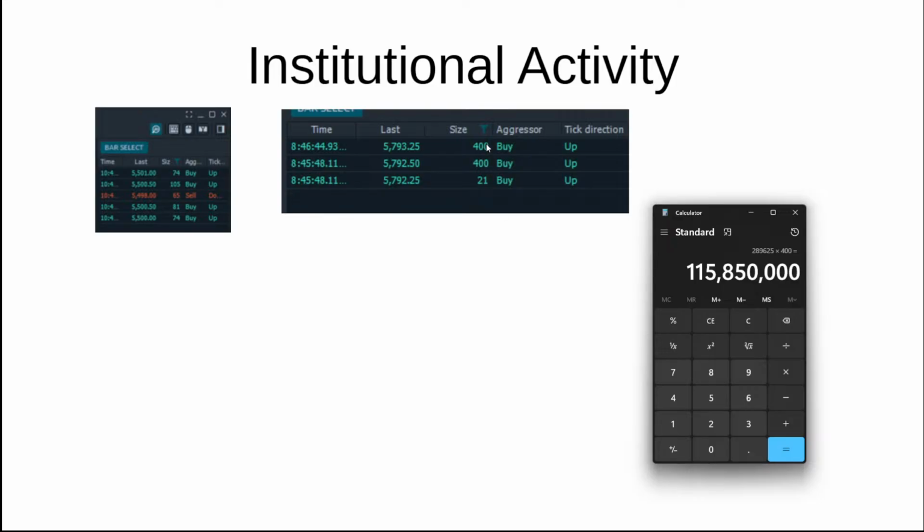And technically, since we have two orders for the same amount coming in so close together, it's safe to assume that their order was $232 million, right? These are the people that we want to follow.